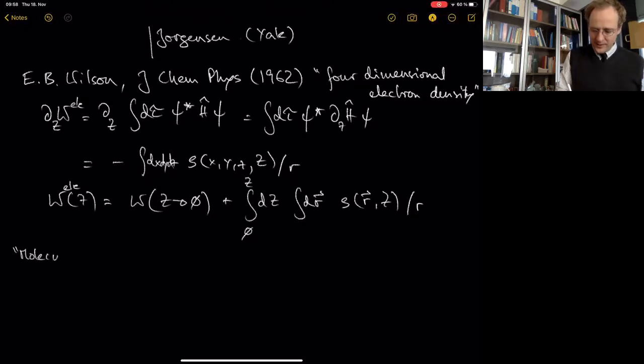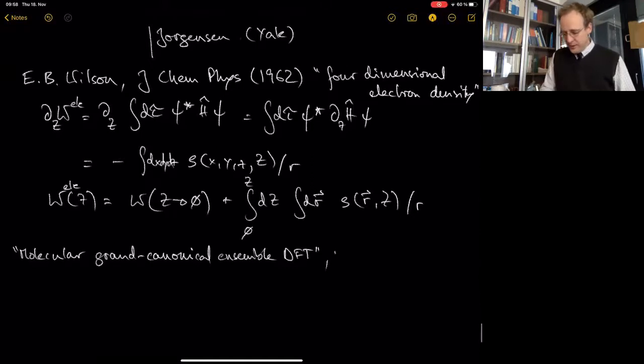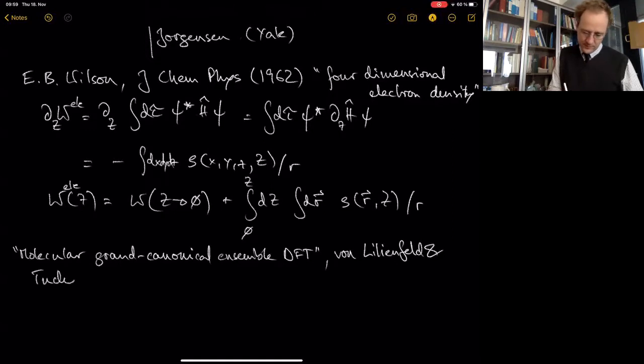This is called the molecular grand-canonical ensemble DFT, which I published together with Mark Tuckerman in the Journal of Chemical Physics, 2006.